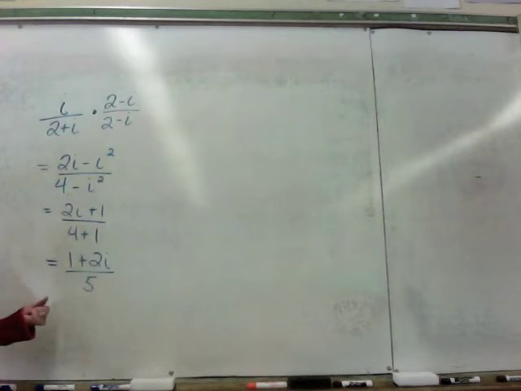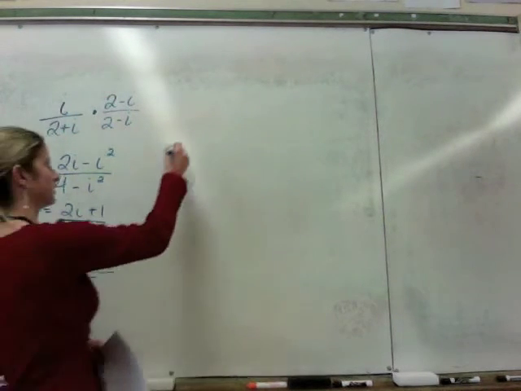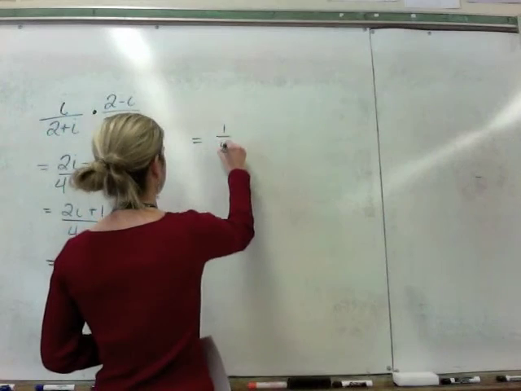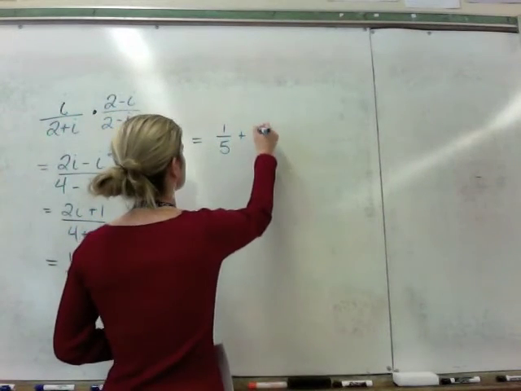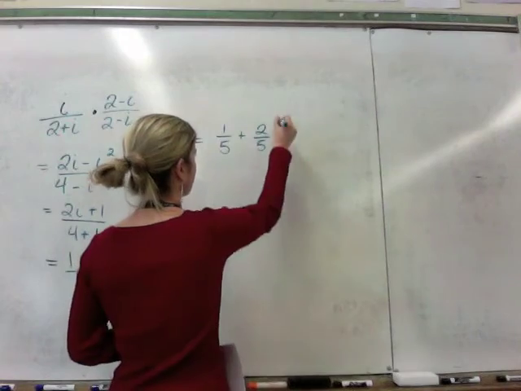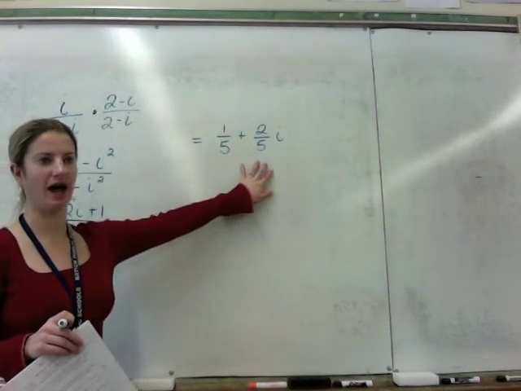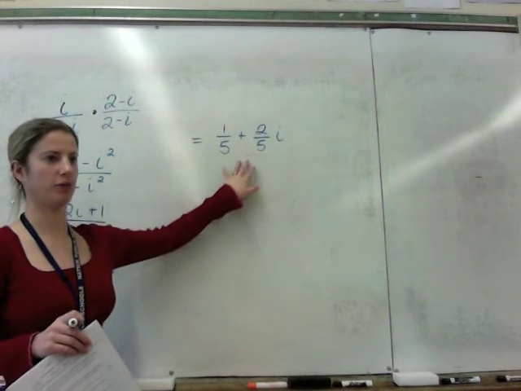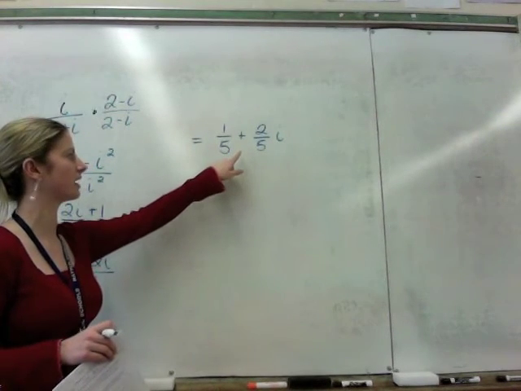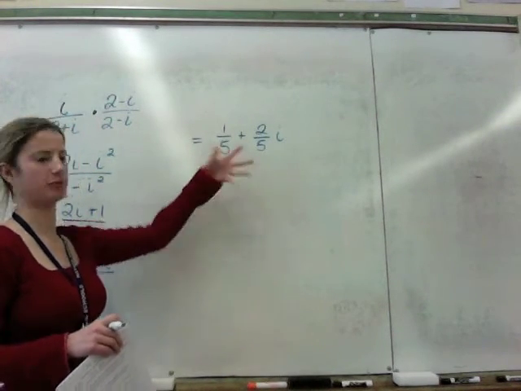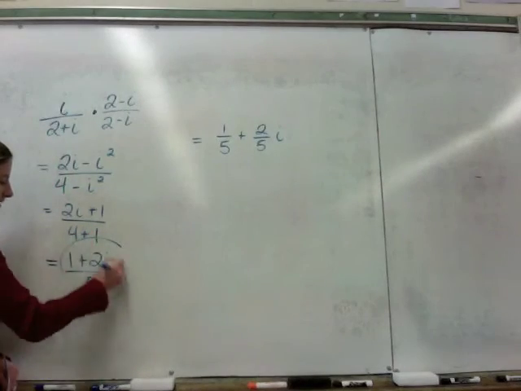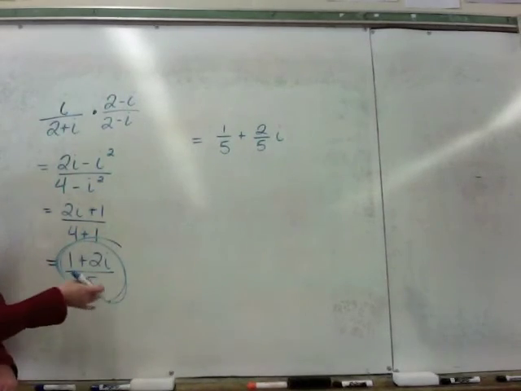Okay, and now we need to break it up so it's in the right form. So it's going to equal 1/5 plus 2/5 i. Okay, so it's got to be in that form, like a plus or minus bi. The real part, the imaginary part. So what you need to do is just make sure that you split it, even though a lot of times in other cases we've told you it's okay to leave it like this.